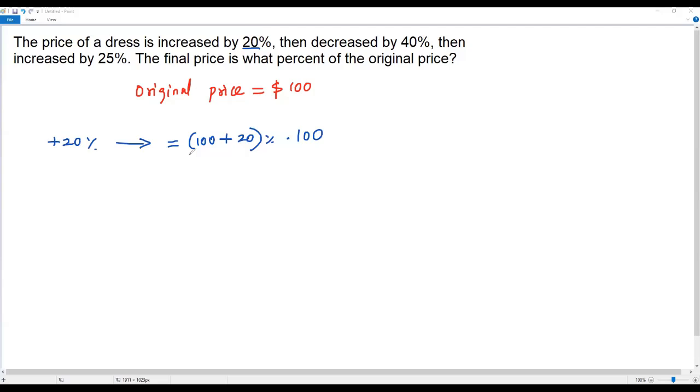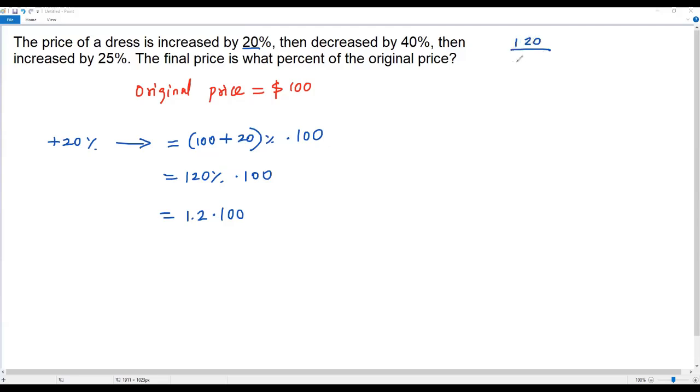Okay, now let's calculate this one. So 100 plus 20 will become 120 percentage of 100. If I convert this to decimal, it will be 1.2 times 100, because 120% means this number 120 has to be compared to 100.